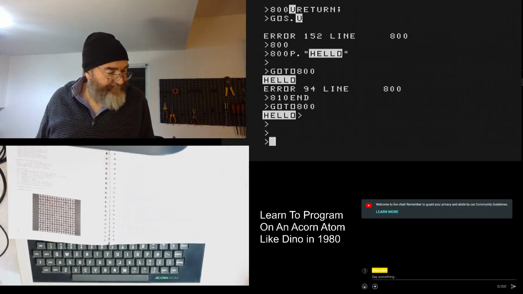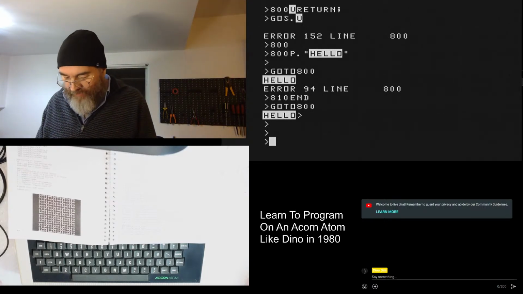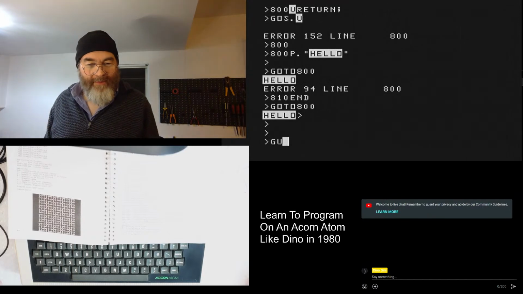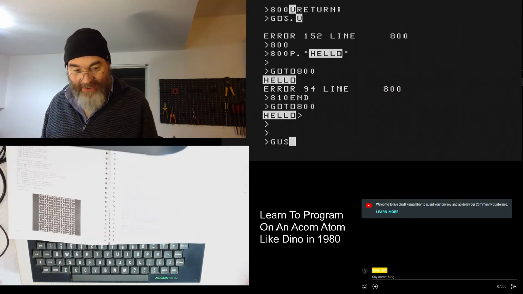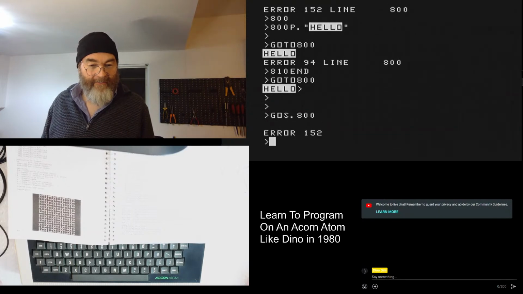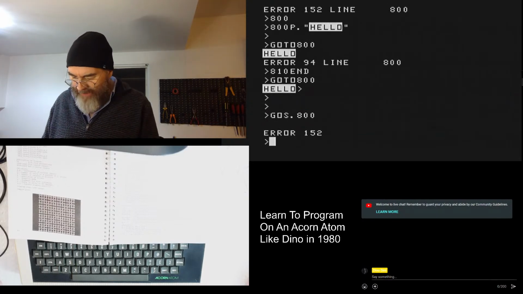That worked. I will see if it prints, so that I'll see whether it actually tries to execute the thing. Go sub 800. Just 152.